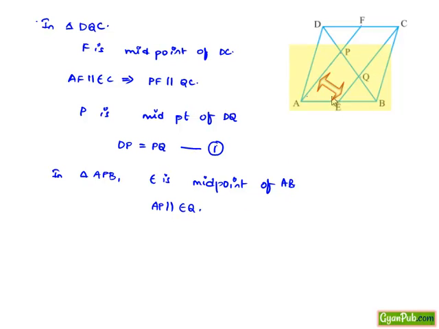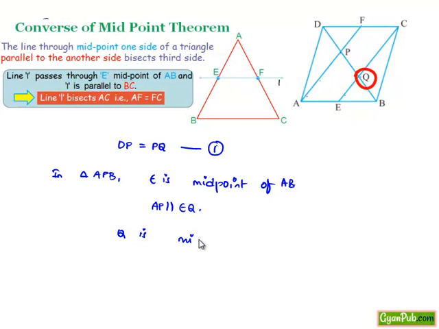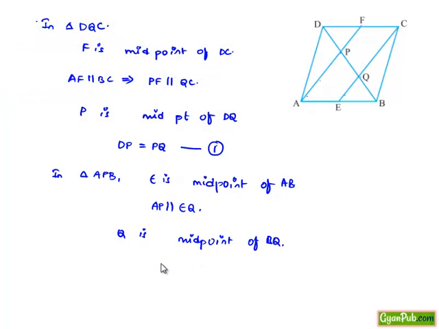Now in triangle APB, as EQ is parallel to AP and E is midpoint of AB, by converse of midpoint theorem we can say that Q is midpoint of BP. As Q is midpoint of BP, we can say that PQ is equal to QB. Let it be as equation number 2. Now by observing equation 1 and 2, we can say that DP is equal to PQ, which is further equal to QB. Therefore we can say that AF and EC trisect line segment BD. This is what our proof required.